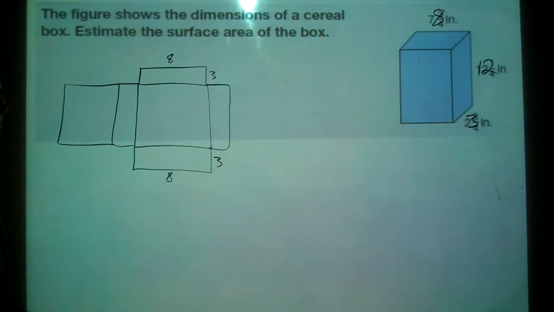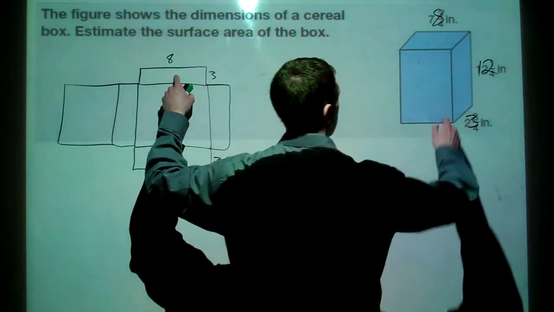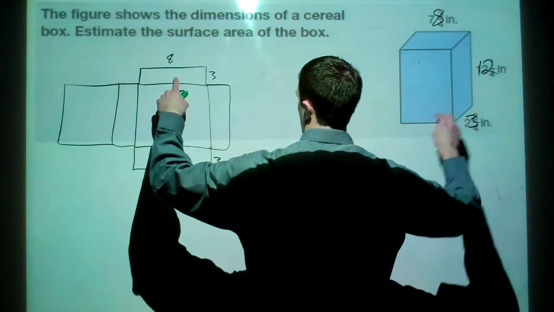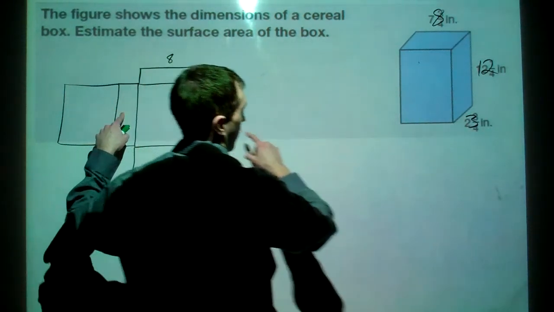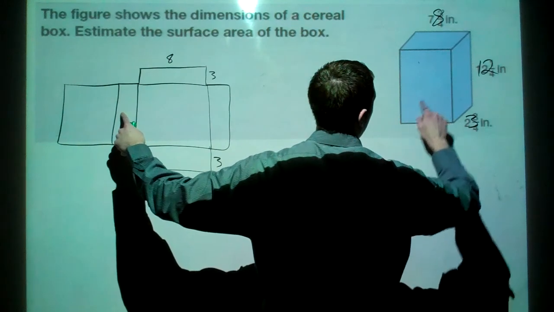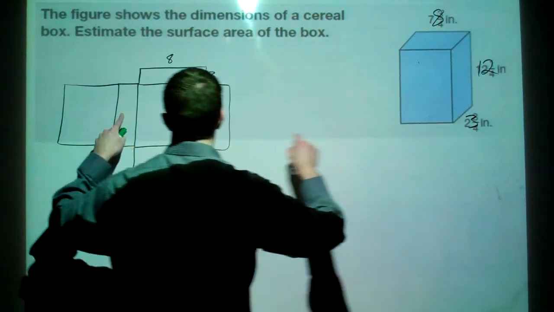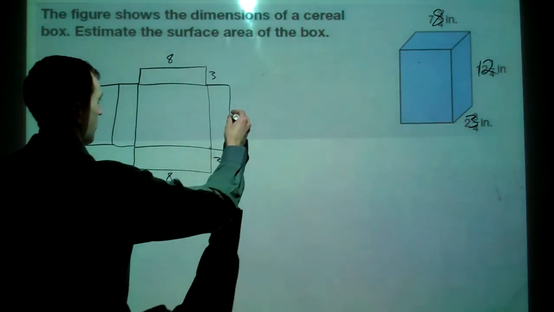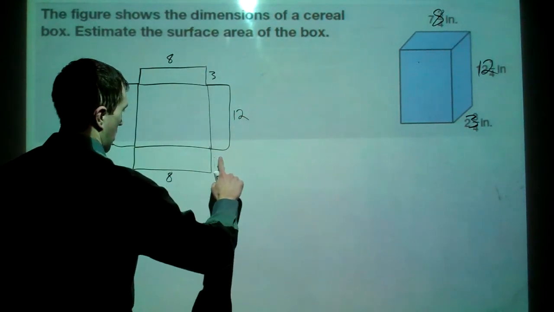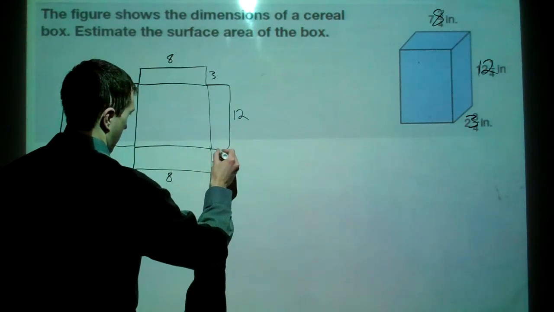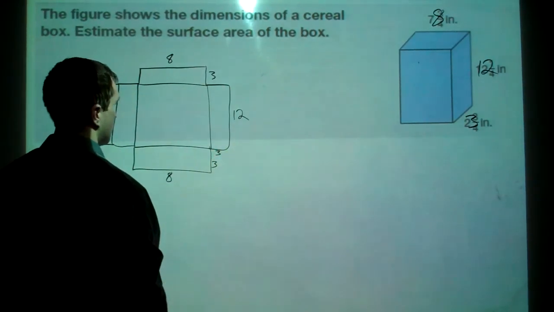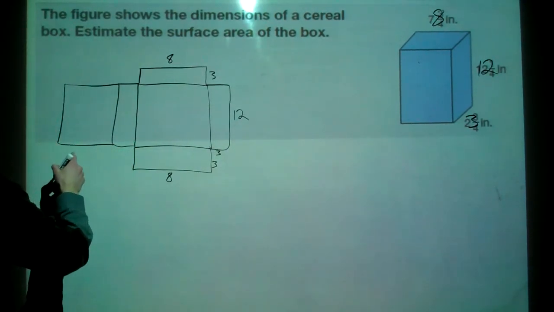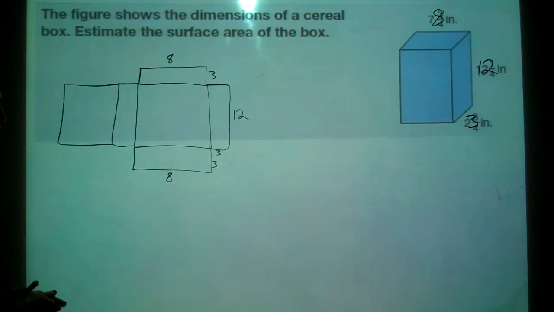So 8 by 3s, this is an 8 by 3. 12 by 3, that would be these pieces. And then we have two 12 by 8s, and those are these two. Okay? So 12, 3, 12, and then 12, and this is another 8. Okay?